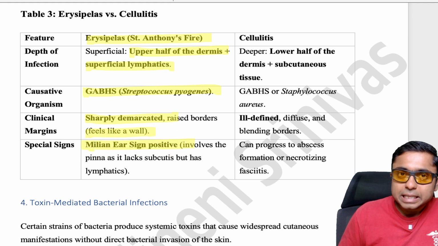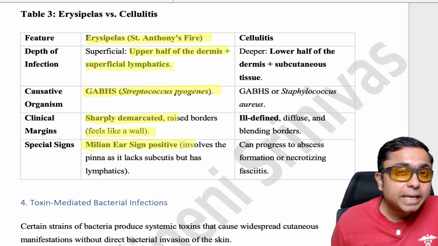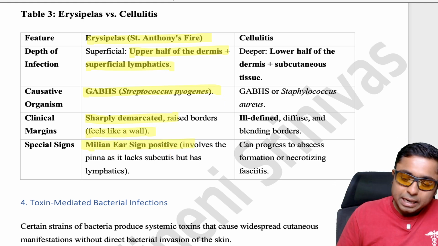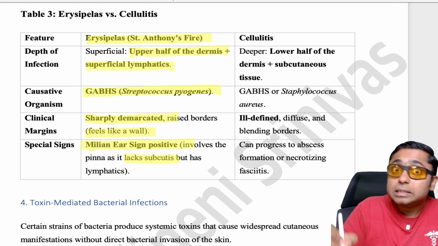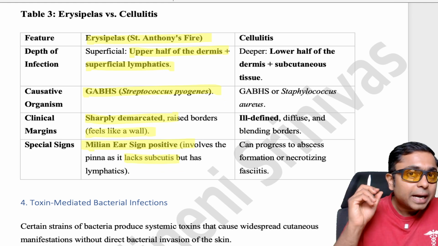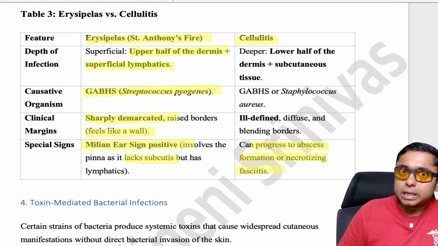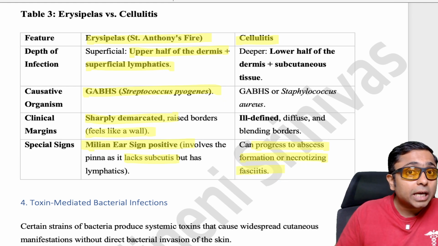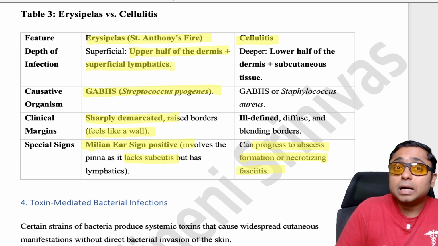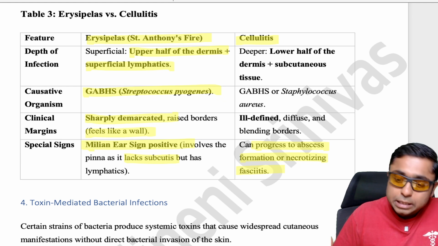And also you can see the involvement of the ear, which is called the Milian ear sign, and in the ear there is no subcutaneous tissue. That is the reason why cellulitis cannot occur and affect the pinna. So that is a very important differentiating point. Cellulitis can progress to abscess formation or necrotizing fasciitis, but it cannot involve the pinna because the pinna does not have subcutaneous tissues.